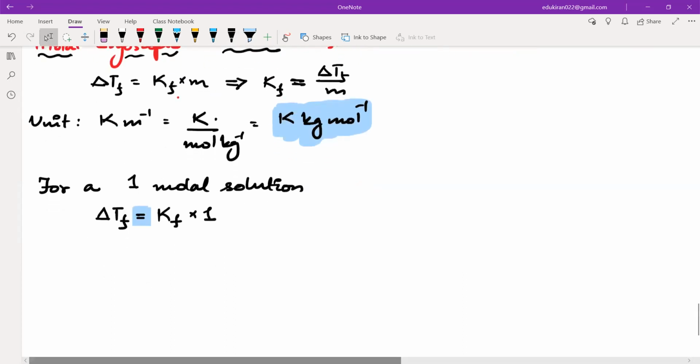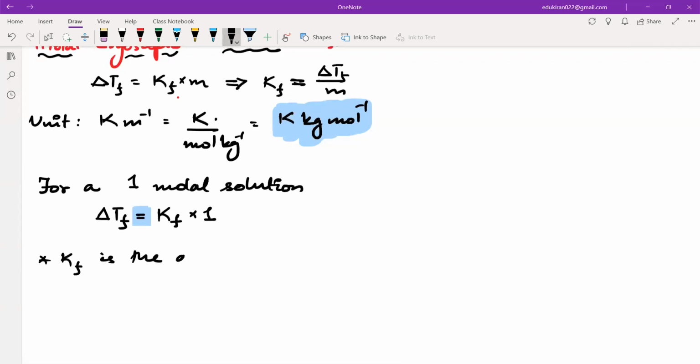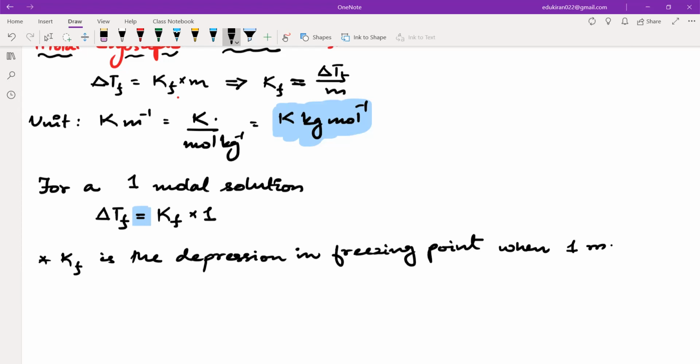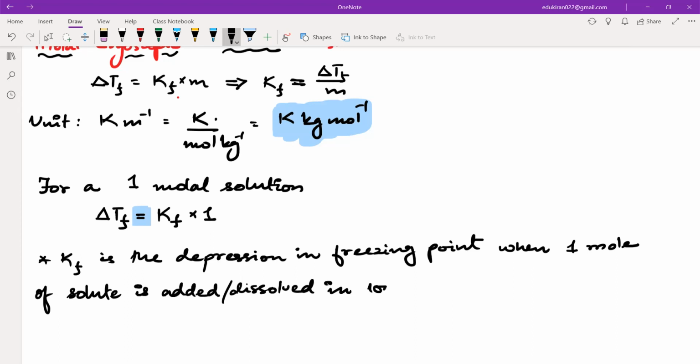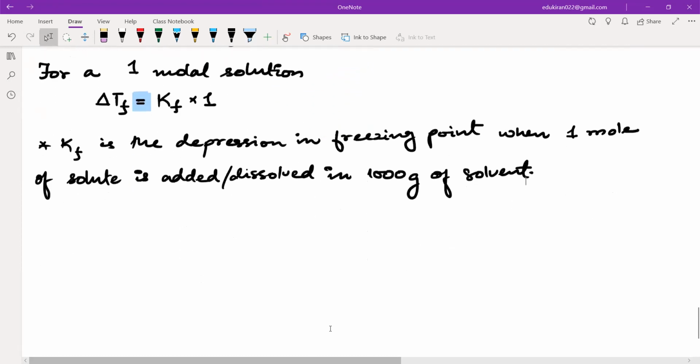So please write with me: Kf is the depression in freezing point when 1 mole of solute is added or dissolved in 1000 gram of solvent.